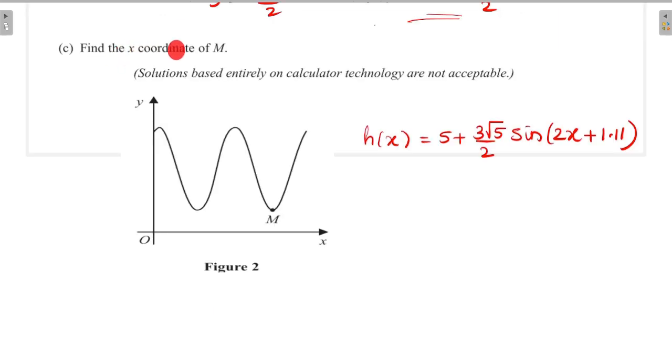Find the x coordinate of M. What is this h of x? h of x is actually a transformation of the sin x curve. Here 5 is a constant added to y, 3 root 5 by 2 is multiplied by the sine, and the angle is 2x plus 1.11. It is a transformation of the sin x curve.